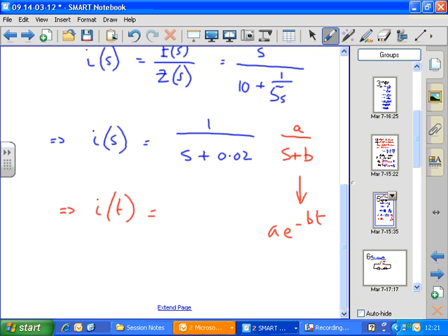So in this particular case, b is 0.02 and a is 1, so it becomes e to the minus 0.02t. In other words, what happens to the current in this circuit? If we were to plot this on Autograph, we would get the following.